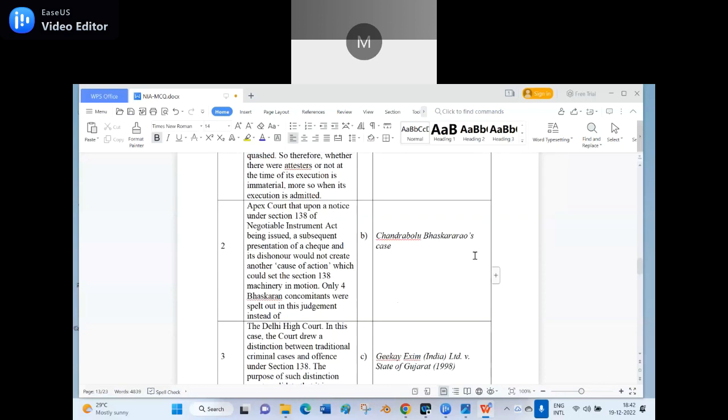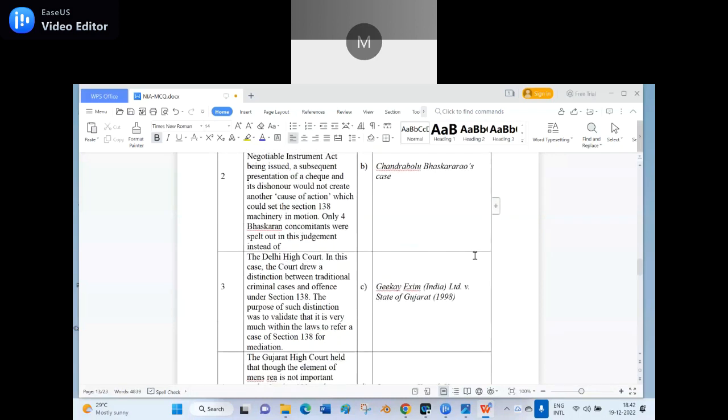Number two, the Apex Court held that upon a notice under section 138 of the Negotiable Instruments Act being issued, a subsequent presentation of a cheque and its dishonor would not create another cause of action which could set the section 138 machinery in motion. Only four Bhaskaran concomitants were spelled out in this judgment.